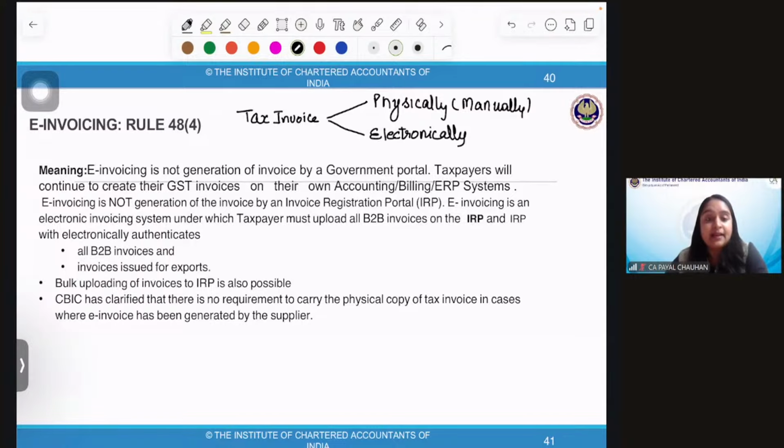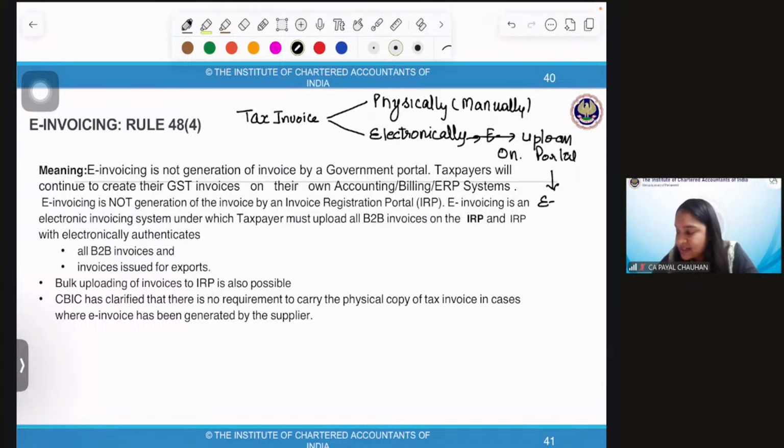If it is electronically issued and we upload it on the portal, then we get an invoice which is known as e-invoice. So today we'll be doing e-invoice, right? Shall I start? So our topic today is first e-invoice.